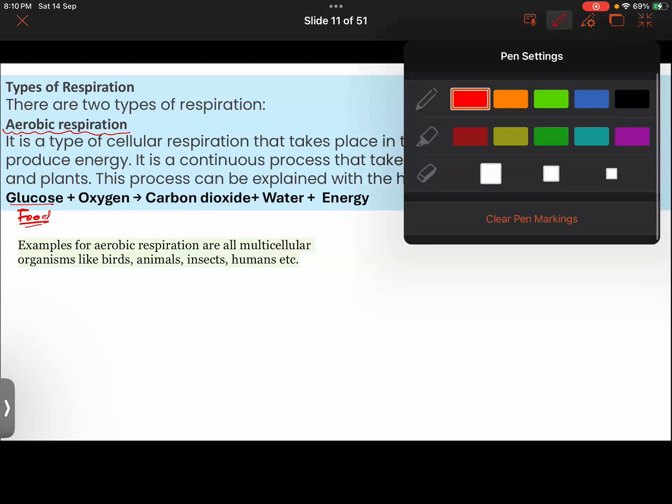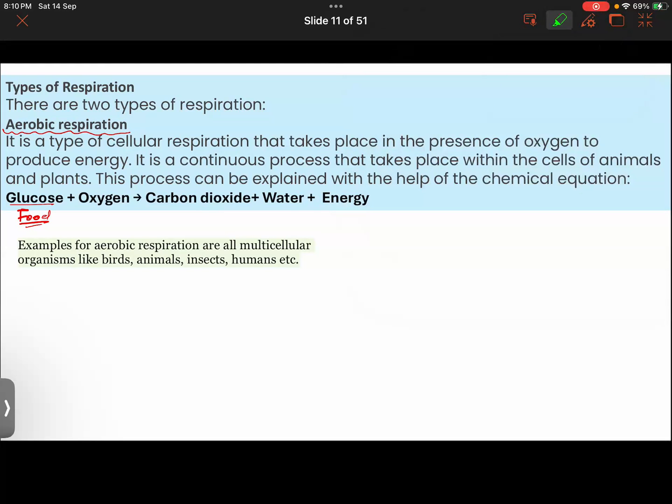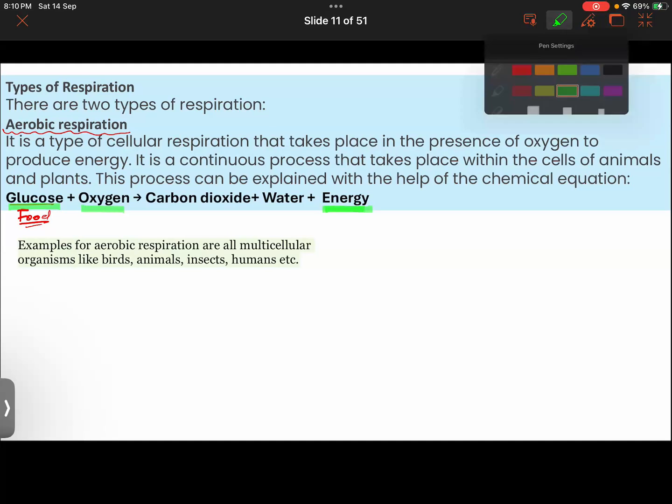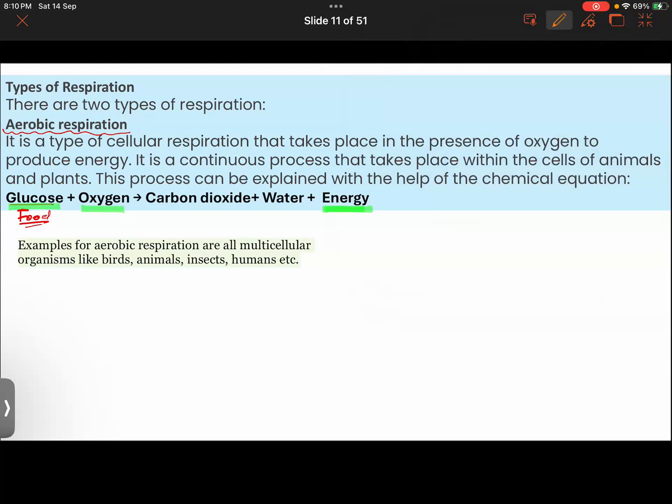Getting it? So we humans, most of the animals that we see around us, in fact the plants also, the food is broken down with the help of oxygen to obtain energy from it. Along with getting energy, some byproducts like water and carbon dioxide will also be formed in the process of aerobic respiration.